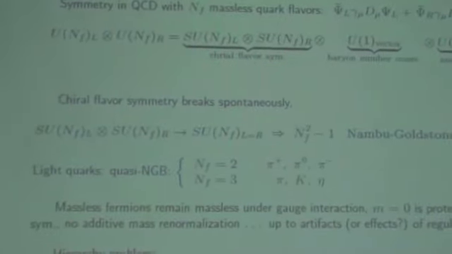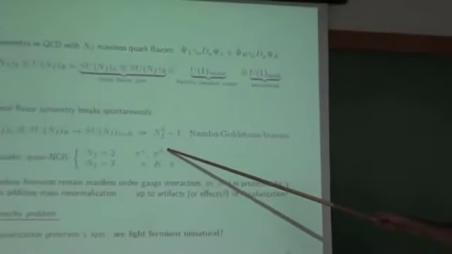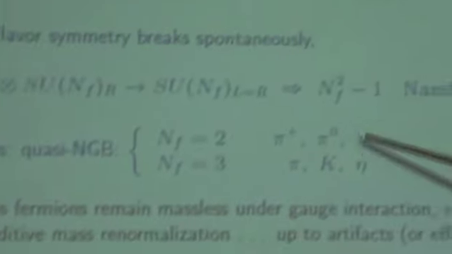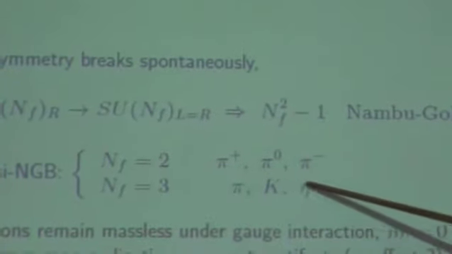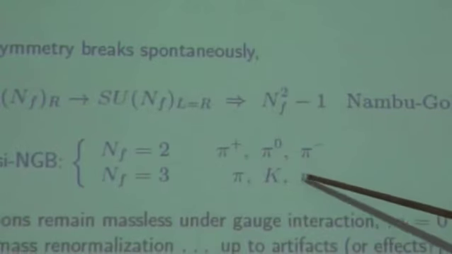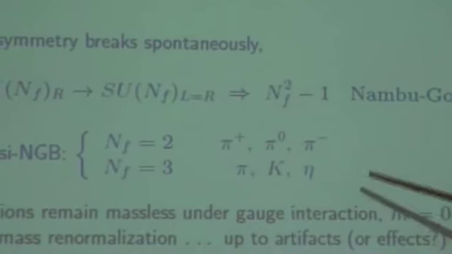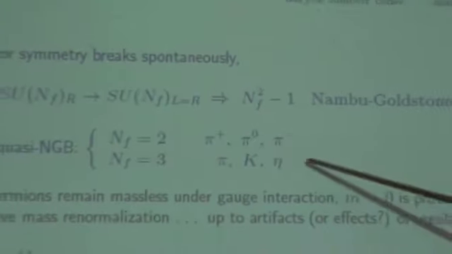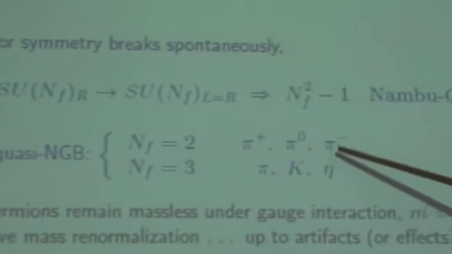And then they were puzzled why the eta should actually be included here, but it is much more heavy. It's more than 500 MeV, and this is about 130. So something is wrong. And now if we take NF equal to 3, then you can include the eta, but then there is an eta prime here, which is almost 1 GeV, which is again much more heavy than this, and people were puzzled why there is always one which is too heavy.